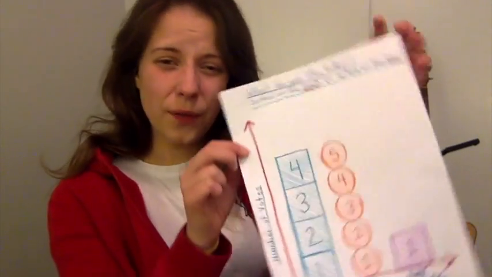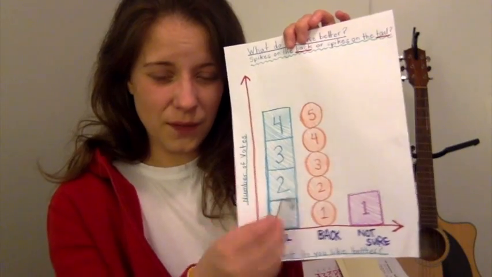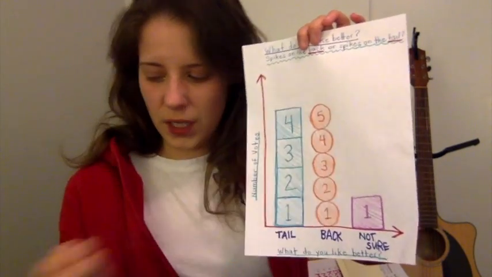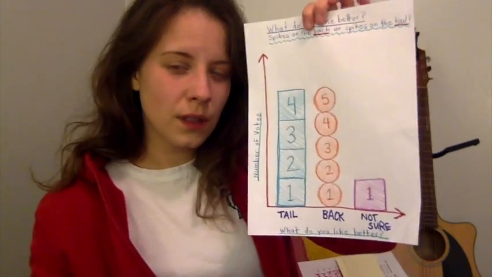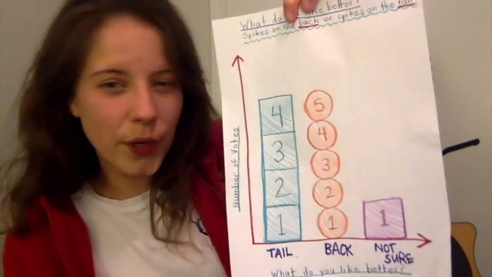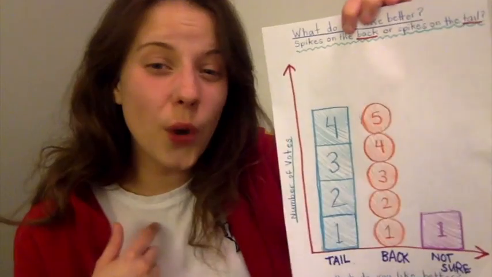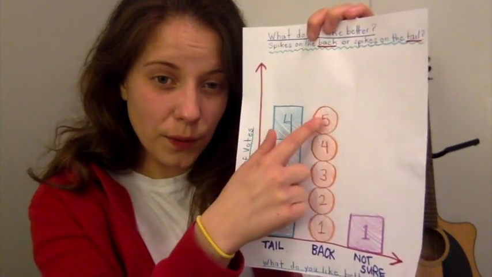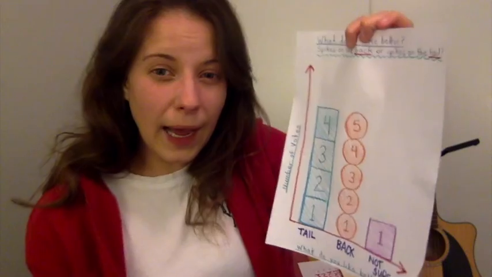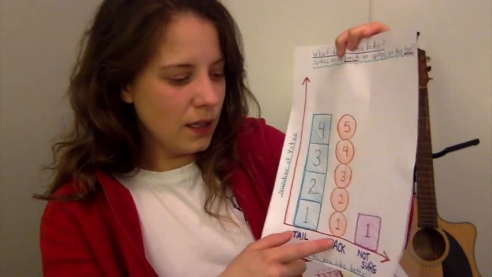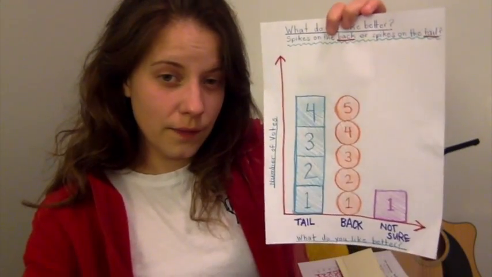When I look at the graph where I use two different sizes of units, I used squares for one, and then I used circles for the other. On this graph, it actually looks like the 5 and the 4 are equal. But I know that's not true. I know 5 is more than 4. If I didn't write 1, 2, 3, 4, 5 on the circles, I might not even notice that there were more votes for the back than the tail.